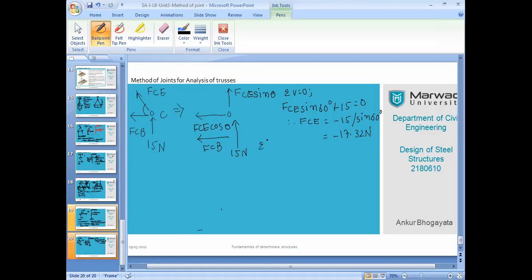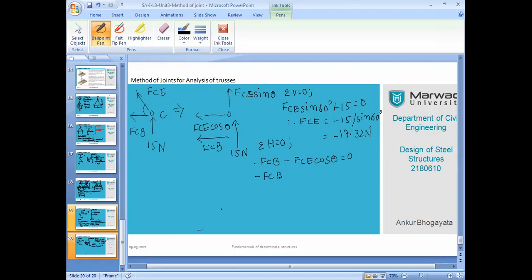Yes, sigma H equals 0. So FCB minus FCE cos theta. There are two forces only. Out of that we have FCB, FCE we have.